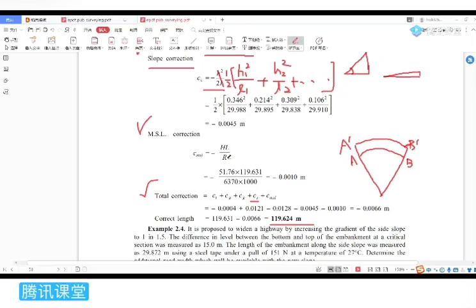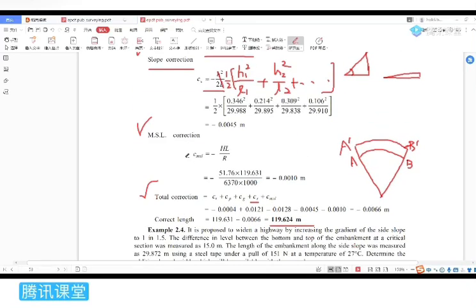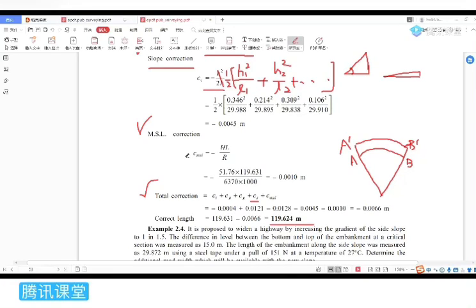Okay. Now, the last one we have to introduce as well, because people don't care about this error too much. It's called mean sea level correction, and it's not popular. In real surveying, people don't care about this one because it normally happens over long distances.